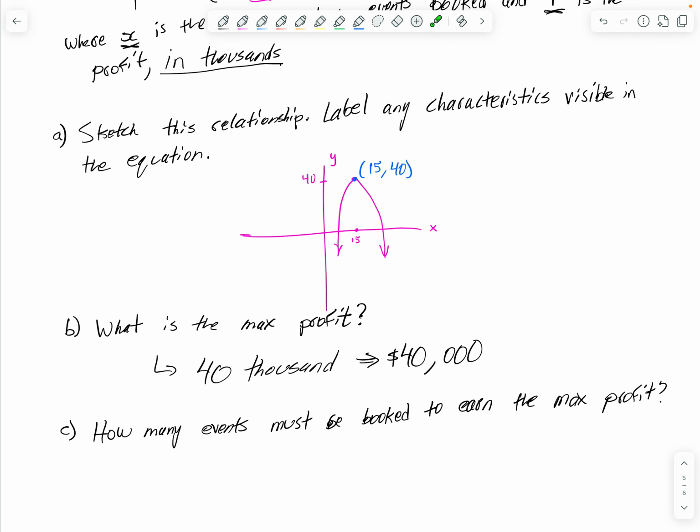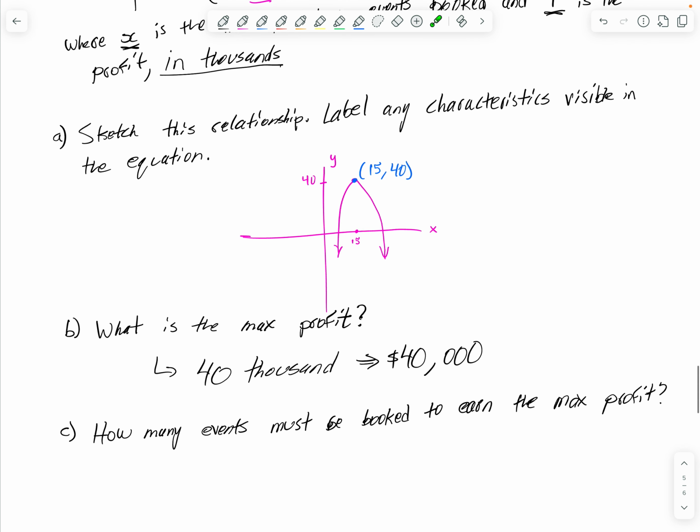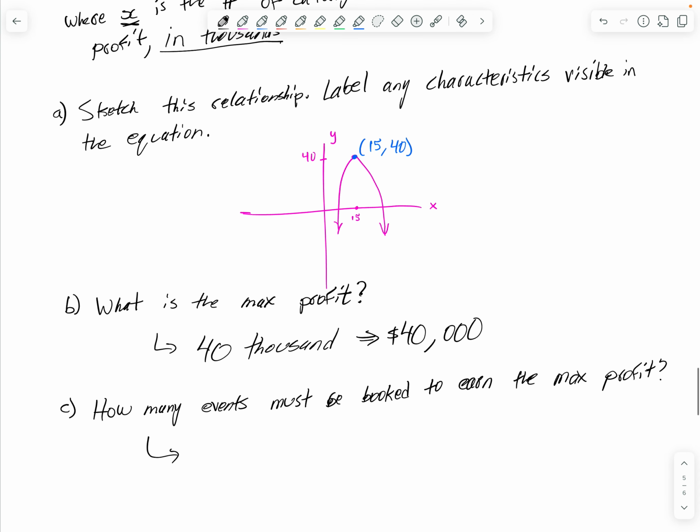Well, literally, it's the x value of my vertex. It's asking me, how do I get 40? Well, I get 40 when I'm at 15 in x. That's how I get that point. What does that mean? The axis of symmetry is 15, but really it's the x coordinate of my vertex. So how many events must be booked? 15 must be booked to earn the max profit.